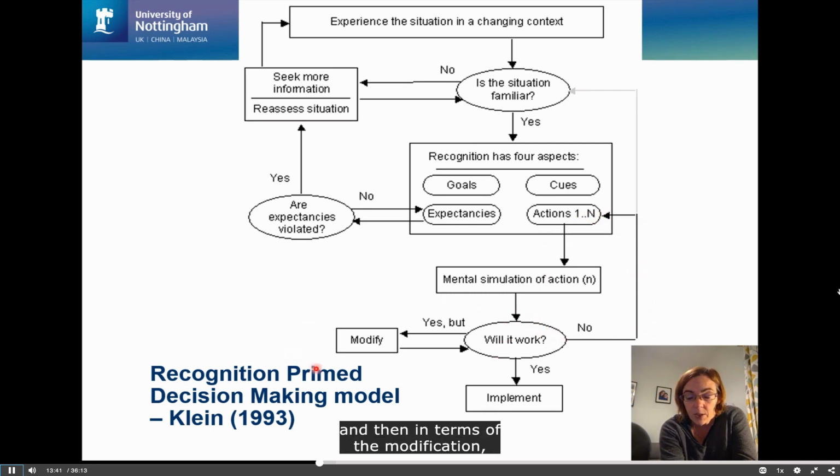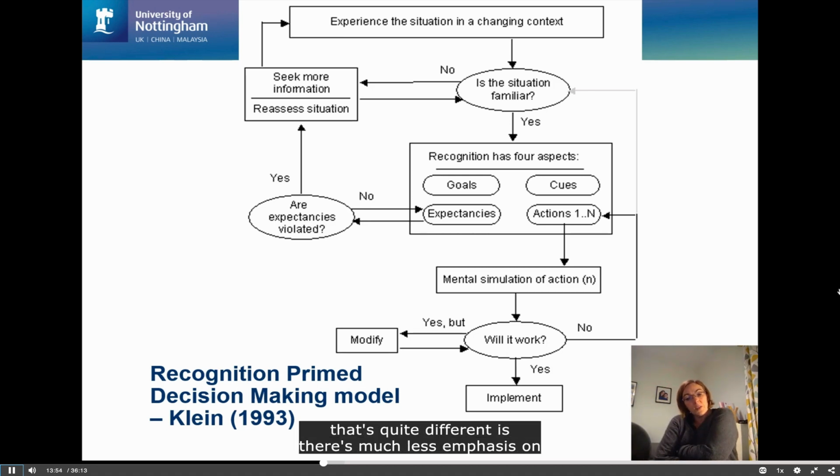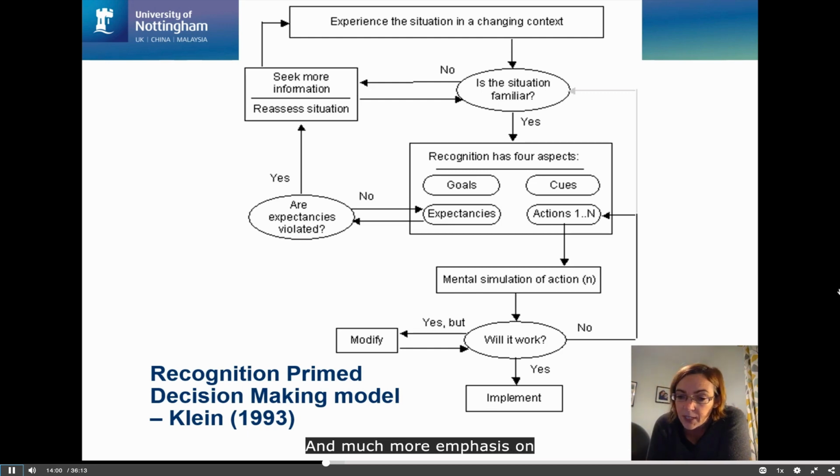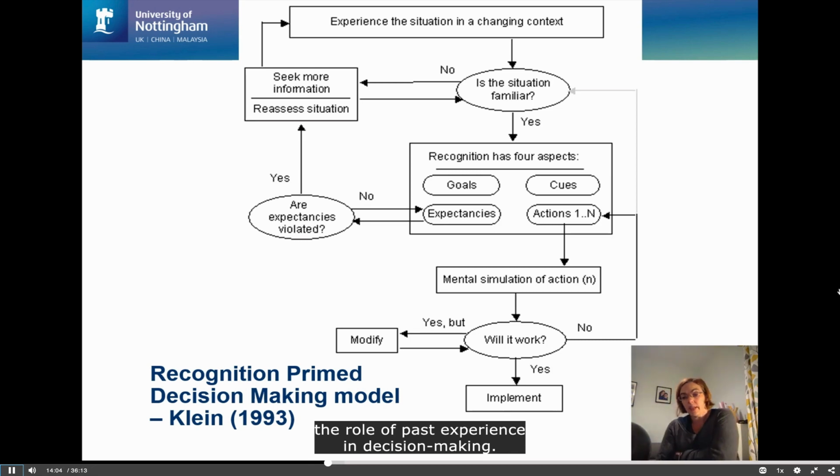And then in terms of the modification, it's thinking about, will it work? Yes, but I'm a bit worried about this potential aspect of the action or another, and so you might modify your action appropriately. So the thing here that's quite different is there's much less emphasis on things like the message framing or anything like this, and much more emphasis on the role of past experience in decision making.